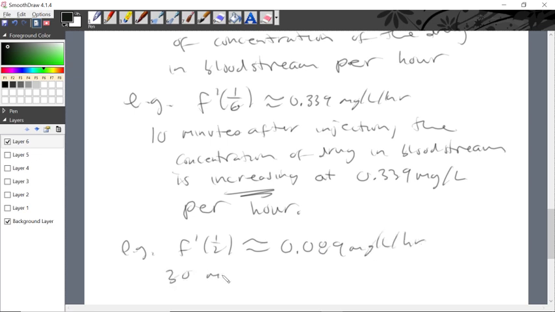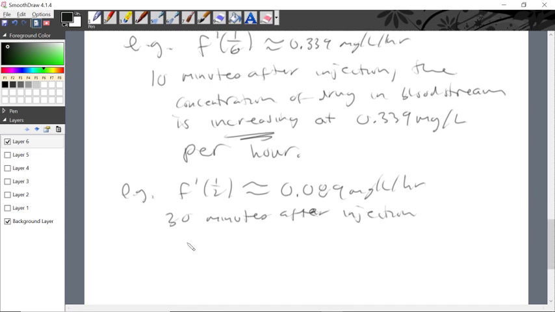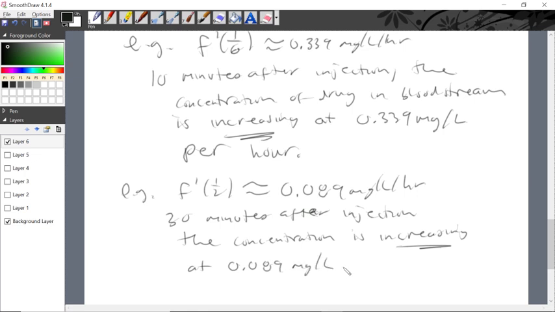So that's 30 minutes after injection. What's the concentration doing now? The concentration of drug in the bloodstream is still positive, right? It's still increasing, now at 0.089 milligrams per liter per hour.